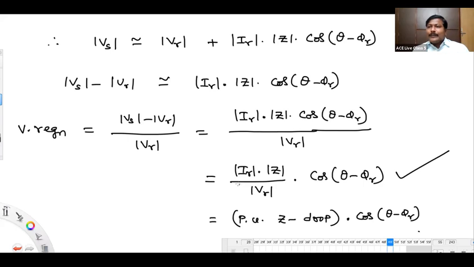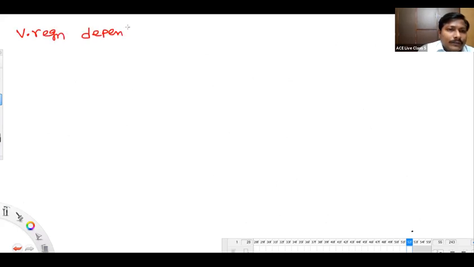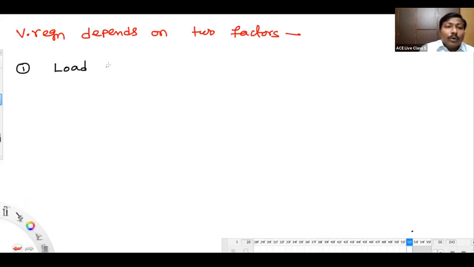So voltage regulation depends upon two factors. Number one, load current or load quantity.